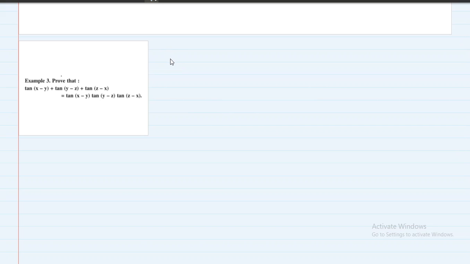Prove that tan of (x minus y) plus tan of (y minus z) plus tan of (z minus x) is equal to tan of (x minus y), tan of (y minus z), tan of (z minus x).